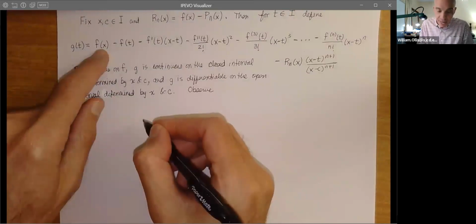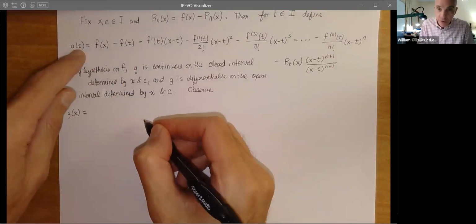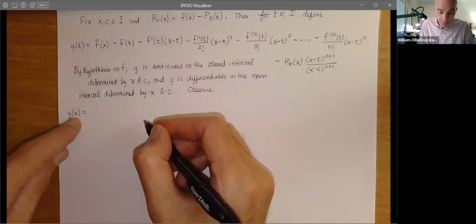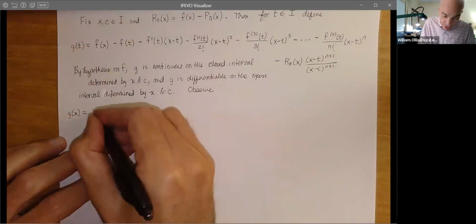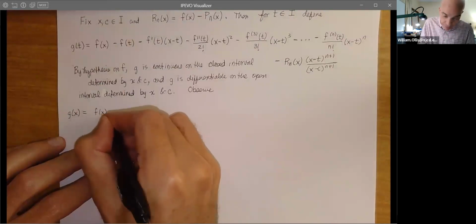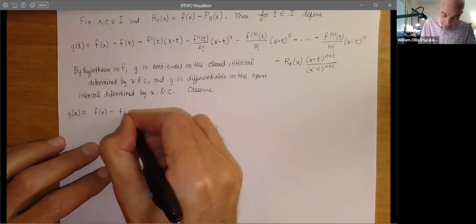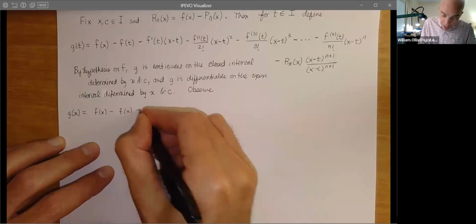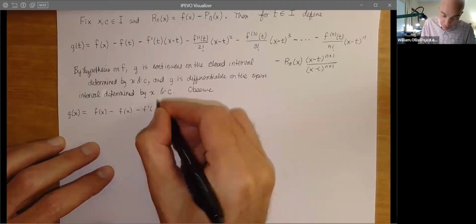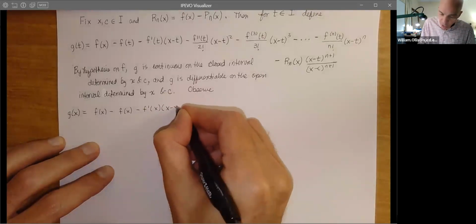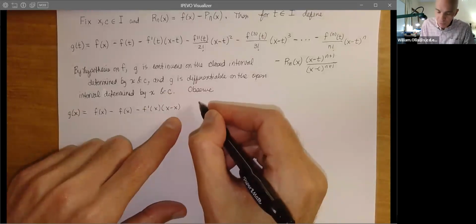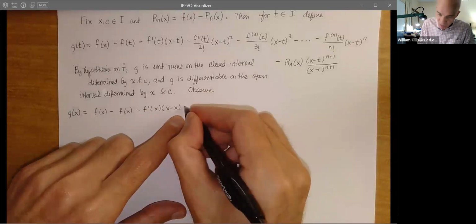So now we put in x for t. Remember, this is a function of t. So g of x means replace all the t's with x. So we'll do the easy one first. So this is f of x minus f of x minus f prime of x times x minus x. So we're getting kind of like the polynomial bit. All of these terms are going to zero out.